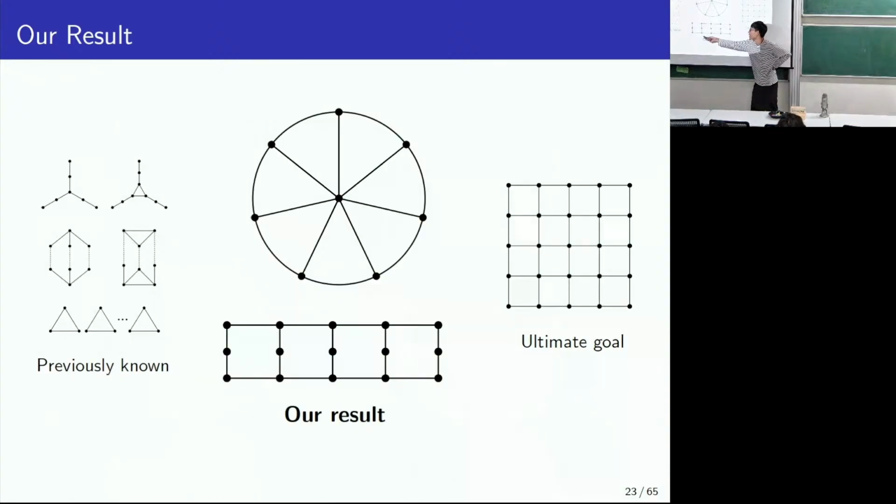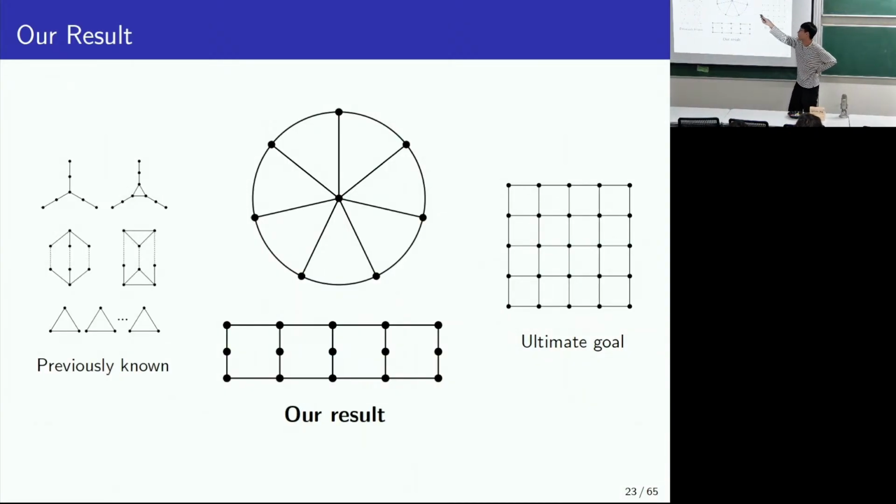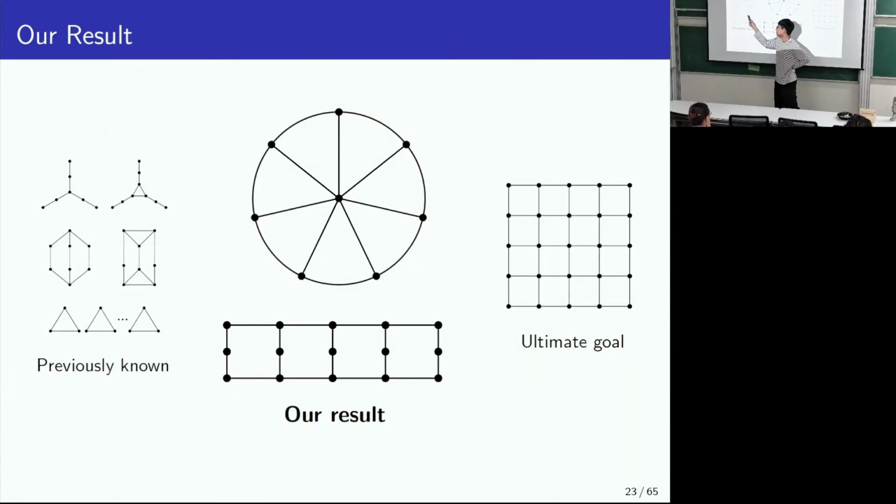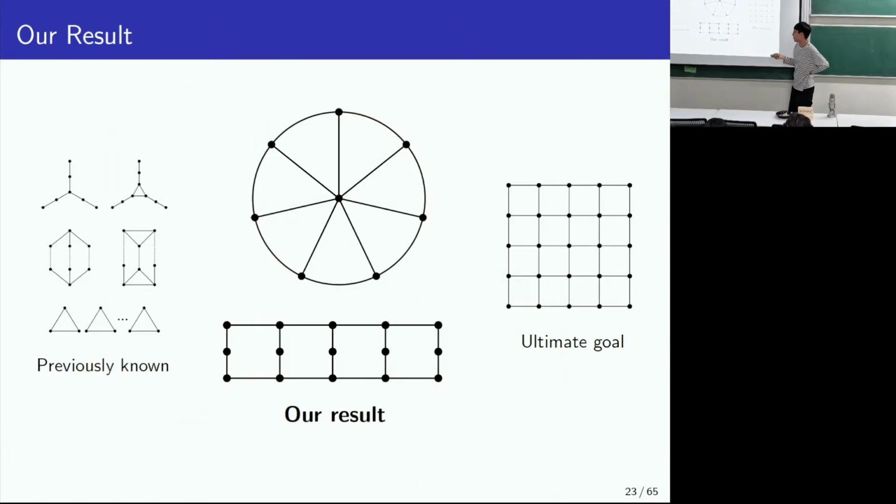And also you can see that this is the first floor of this grid. Also, we show that using our method we can generalize this theta and prism later. Later I will explain more. Okay. Any questions until now?